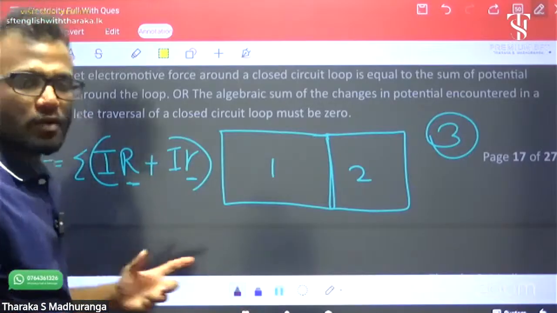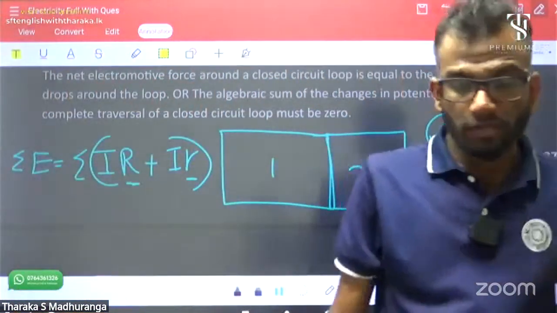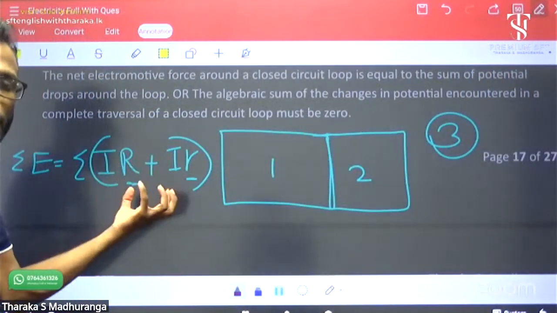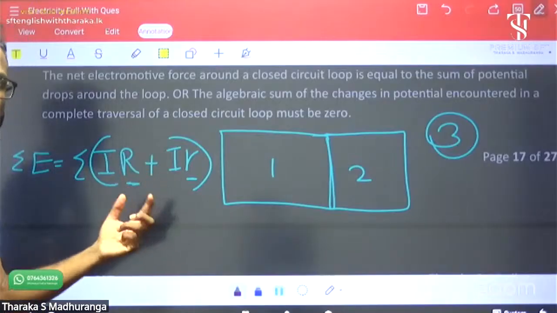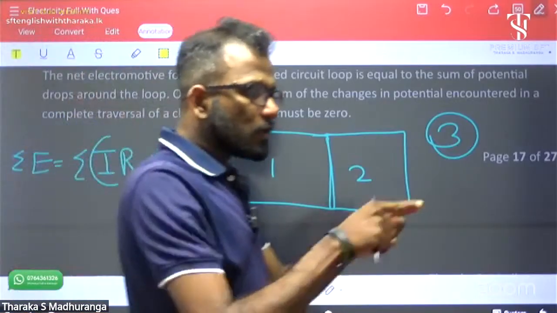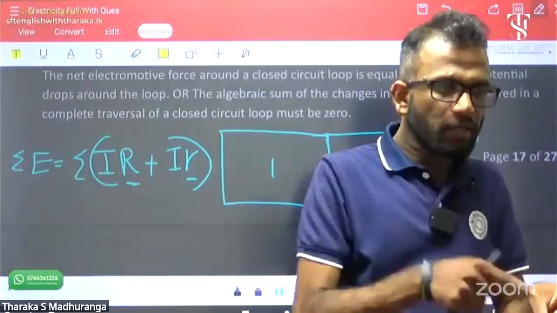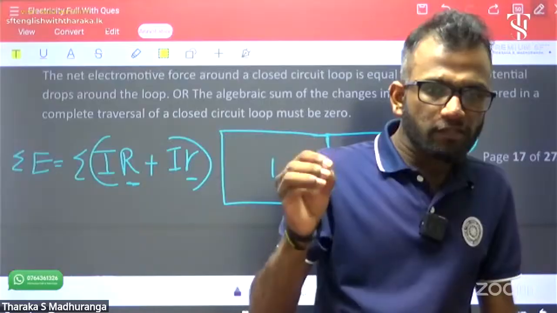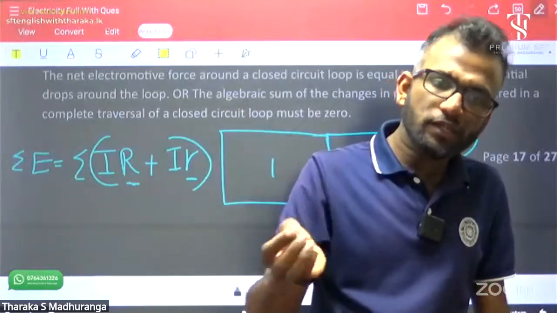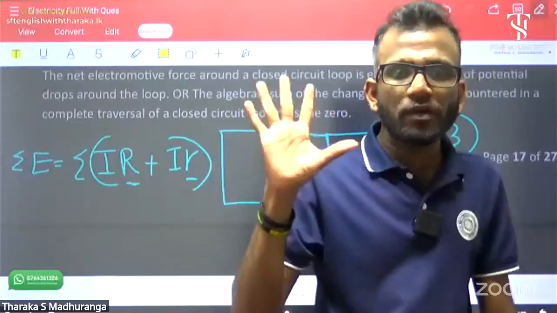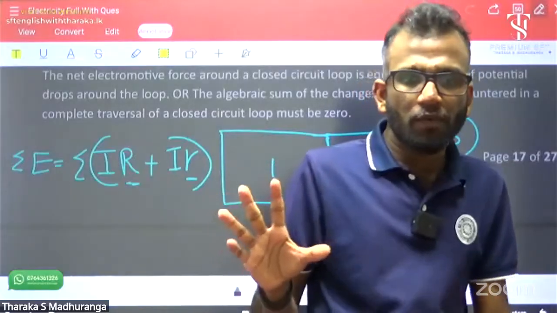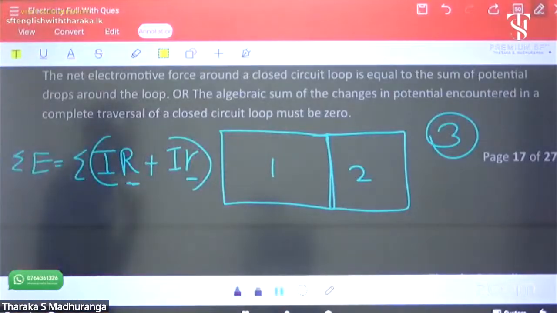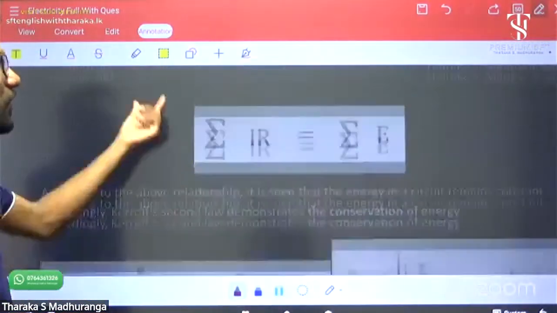That's the summary of Kirchhoff's second law: inside a closed loop, the sum of IR multiplications equals the sum of electromotive force. That's the Kirchhoff's second law that we already explained.